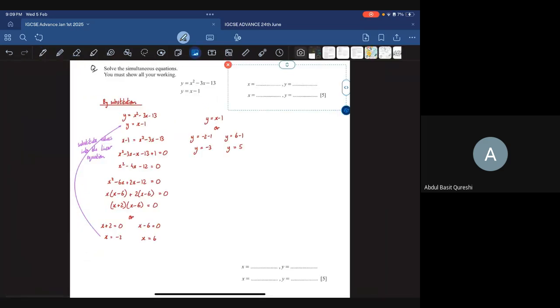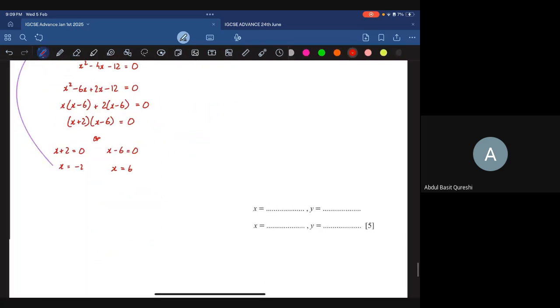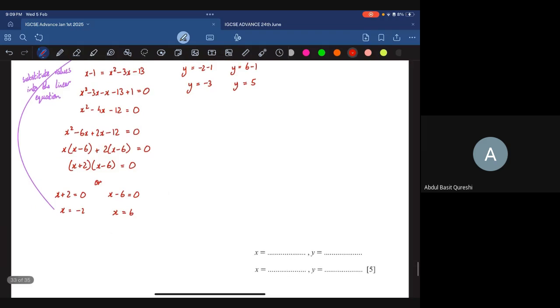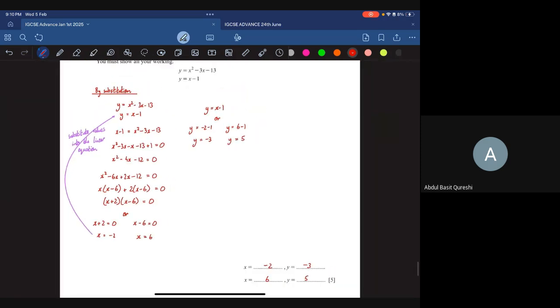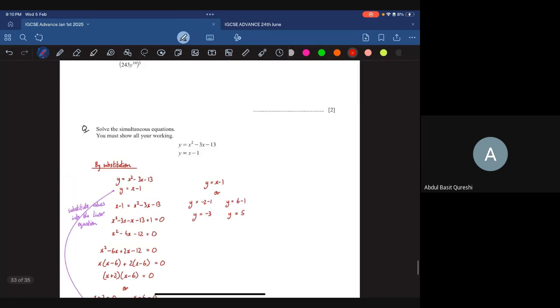That's 3 marks for you guys in this question, which is worth 5 marks. So when x is equal to minus 2, y is equal to minus 3. And when x is equal to 6, y is equal to 5. Clear? Is there anyone who does not get this question? Hopefully this is clear.